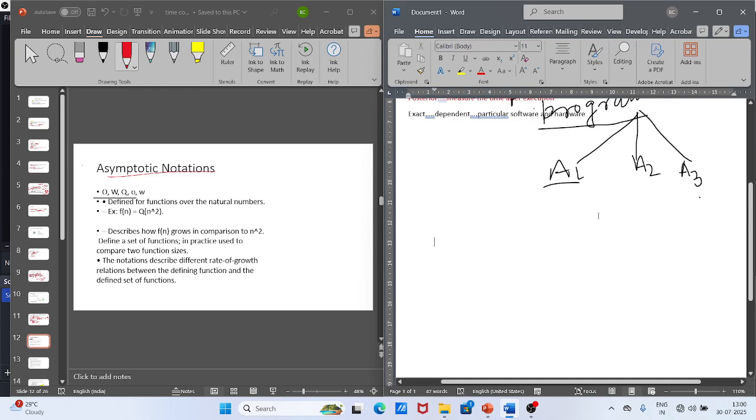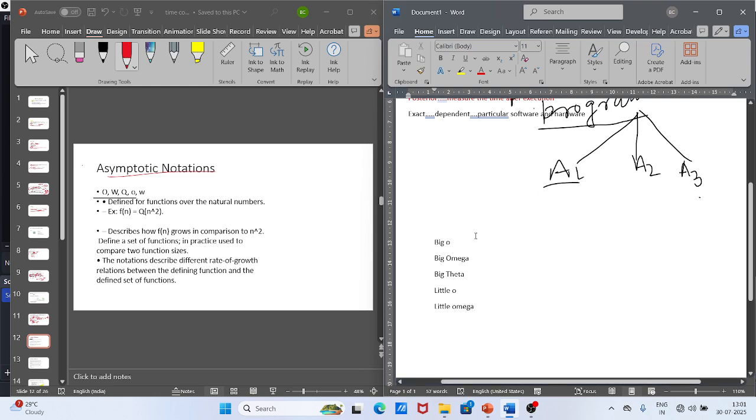One is big O, another one is big omega, big theta, little o, and little omega.